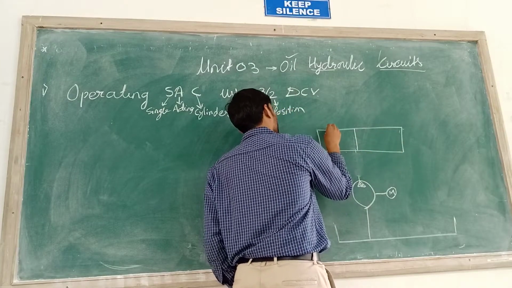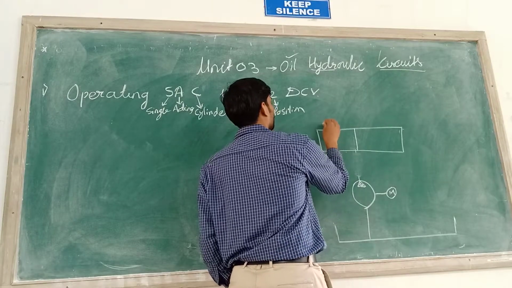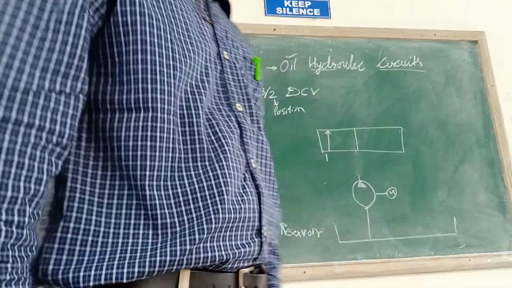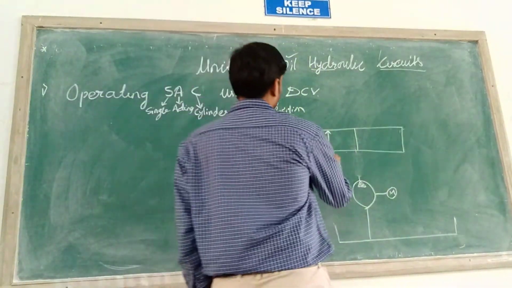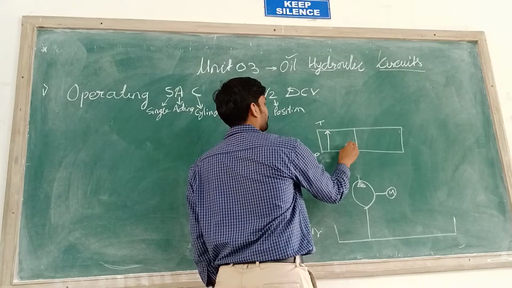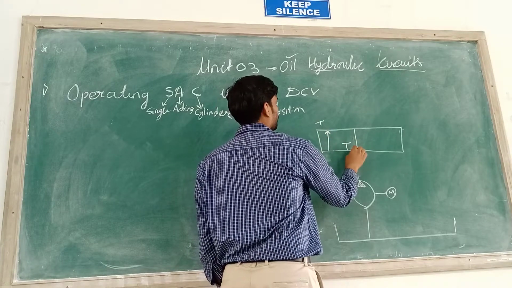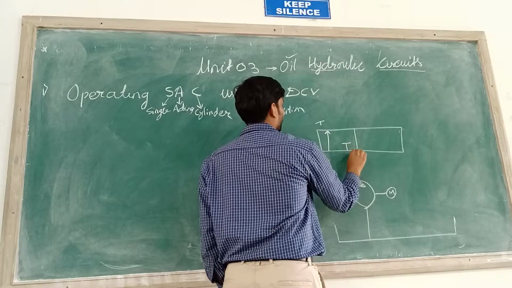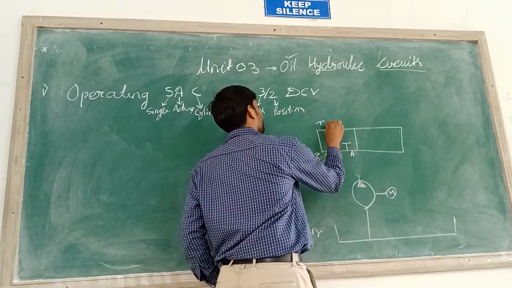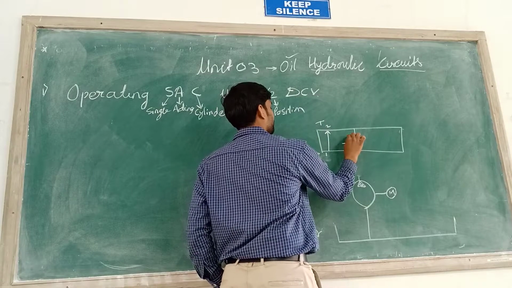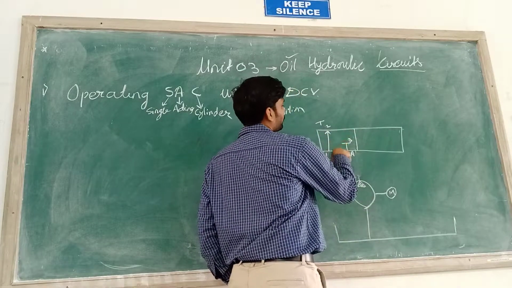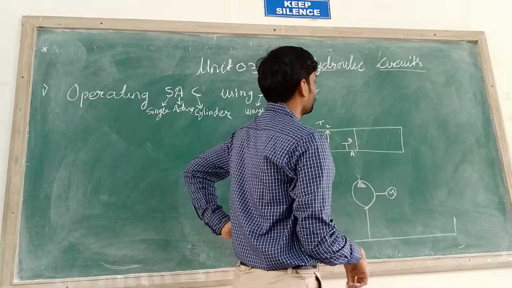Ways means these are the ports of this direction control valve. We name this port P, this one T, and this one A. This is the first way, the second way, and the third way. This is the working position of this 3 by 2 direction control valve.